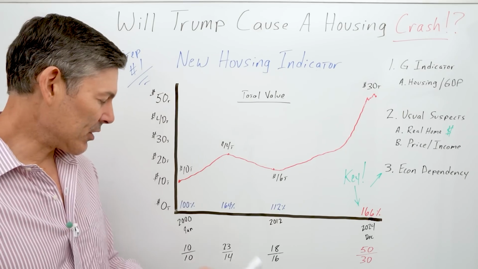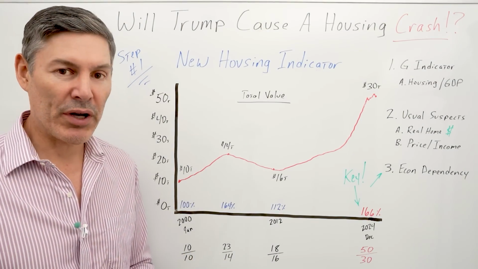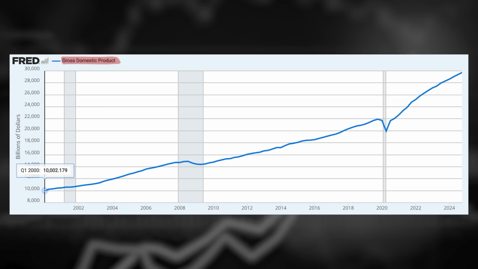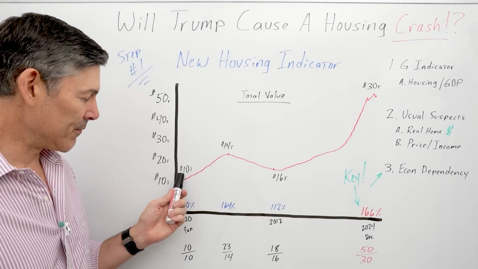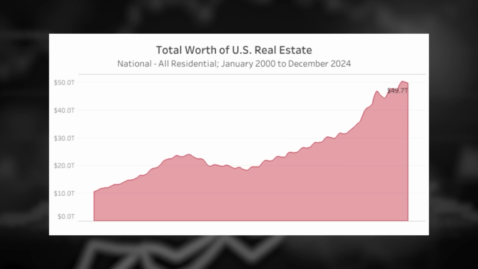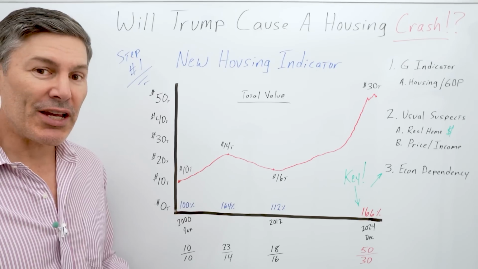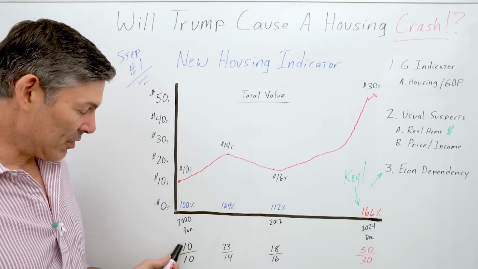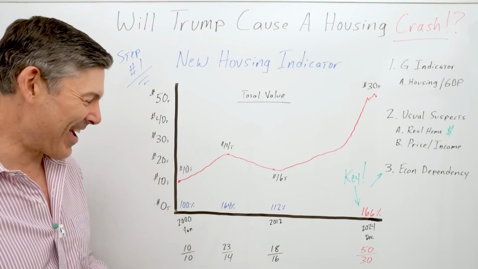So if we go back to 2000, a time when we were not in a housing bubble, we see that the GDP of the United States was 10 trillion. That's what this number is right here. And the market cap of the housing market was also 10 trillion. Okay, so that means our G indicator would be 100%. Here's the math right there to prove it.